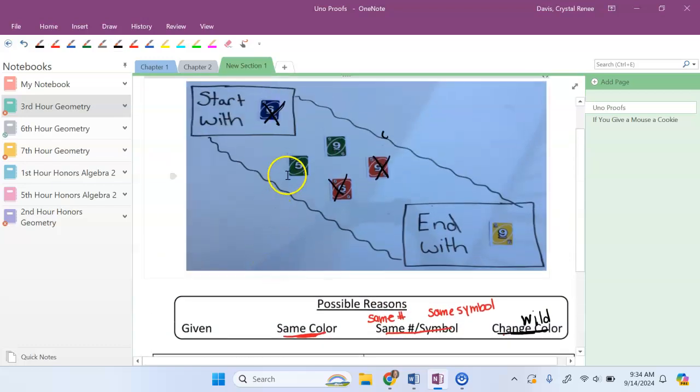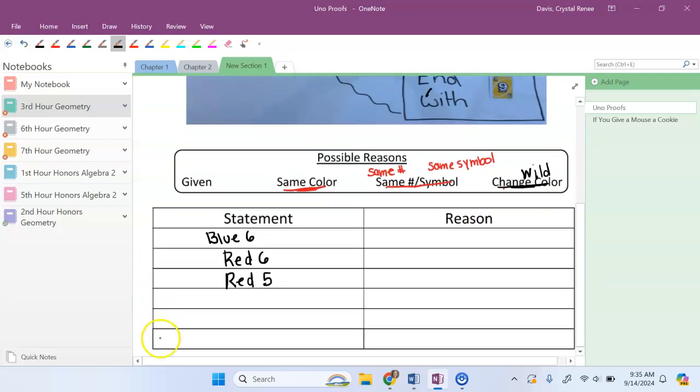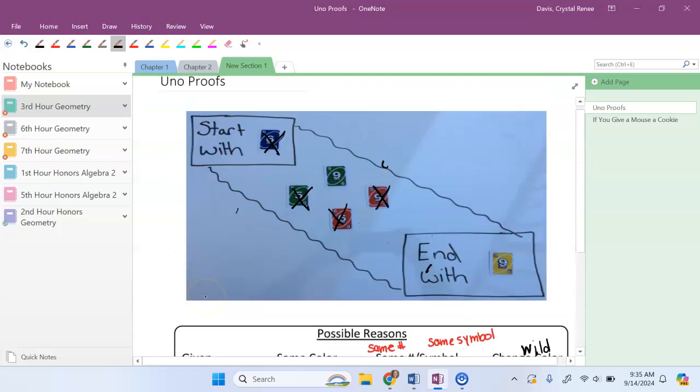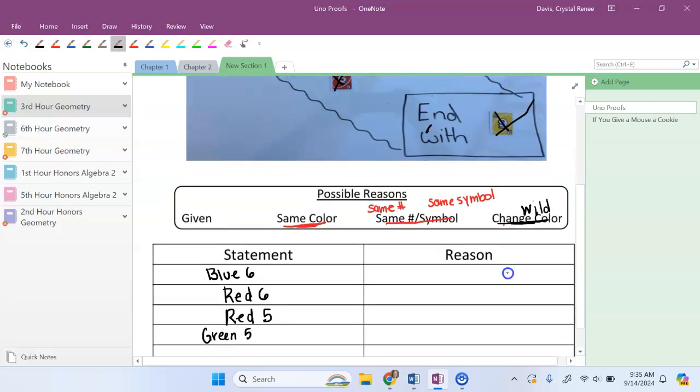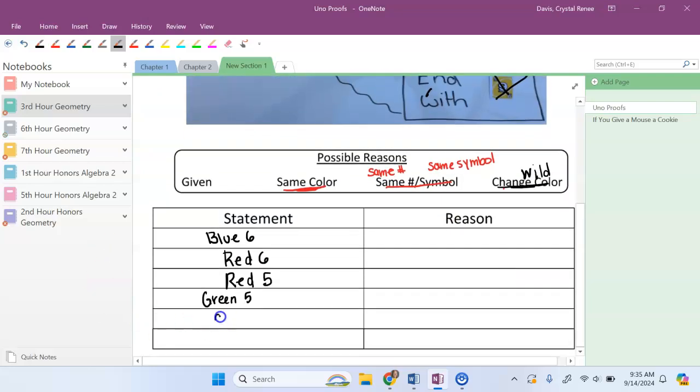Then I can do my green 5. And then we can do green 9 and then yellow 9. Okay, so I'm out.